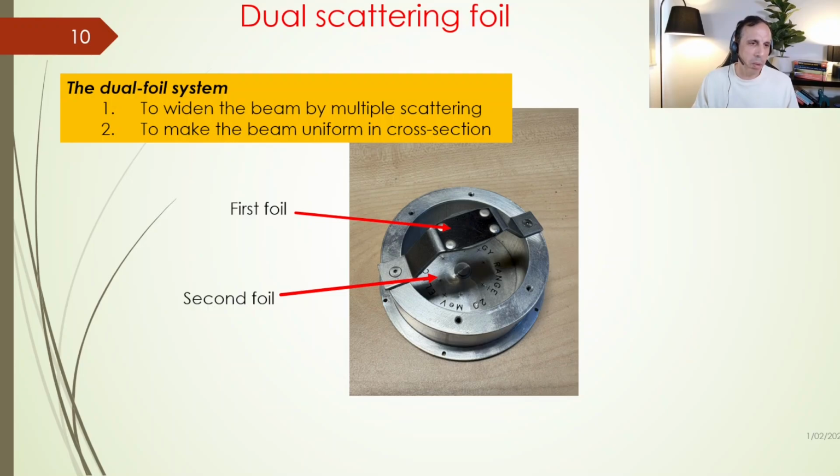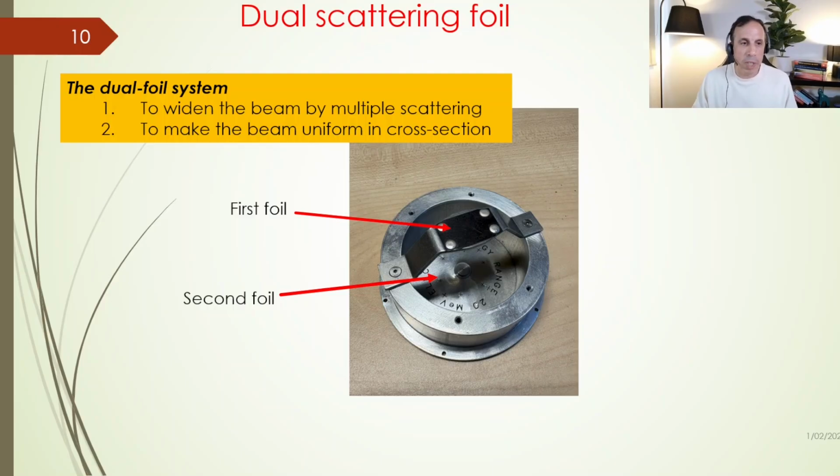It is very small, and you can see that the scattering foil has two components, first foil and second foil, and the responsibility of this part is to spread out the electron beams, because our electron beam is a pencil beam, a very narrow beam, and we should treat the patient with field sizes up to 25 by 25 centimeters. So we have to put something in front of the narrow beam and spread it out and make it uniform at the same time.